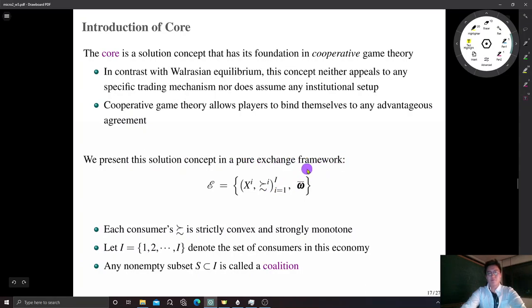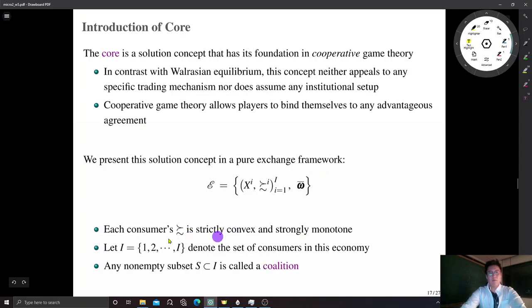Okay, so there's no production, there are just I consumers, and they inherited some endowment from, say, their parents, and they have consumption set, so the set of possible bundles, and their innate preference relation. So these are three components of pure exchange economy.